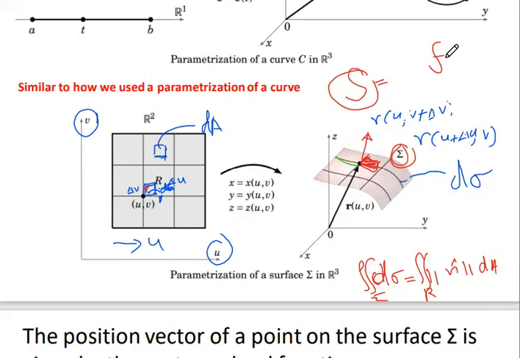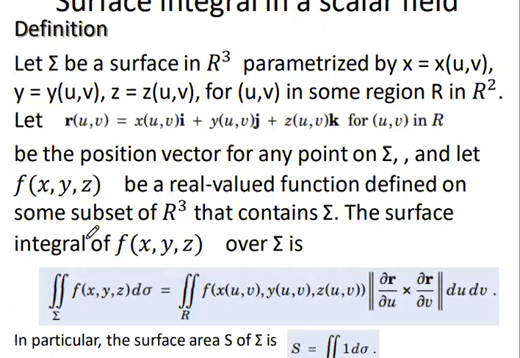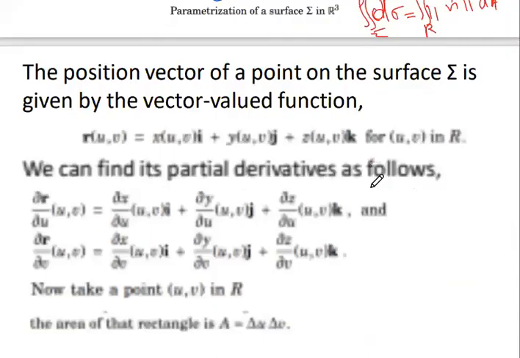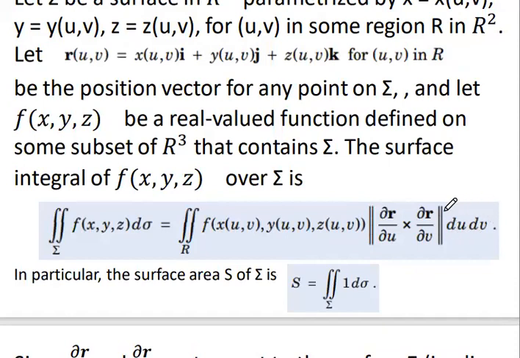Then the surface integral of f over sigma is equal to f, written in terms of u and v, times the magnitude of the normal vector, times dA.